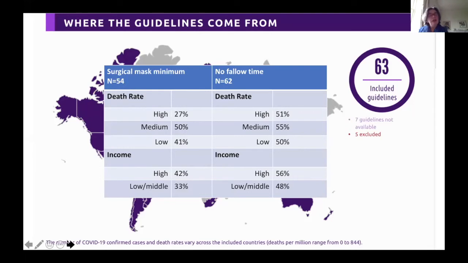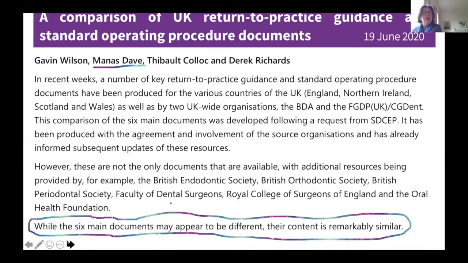What is increasingly important at this time is that we all work together. I mentioned that the review contained multiple guidance documents from the UK, and in fact there were 6 published within the space of 10 days. When you come to research waste, that is one of the best examples of waste.